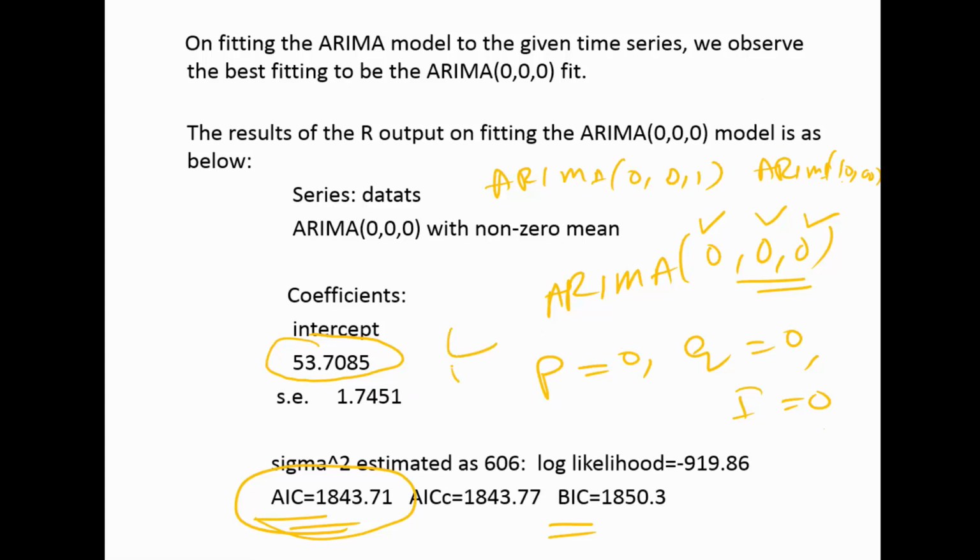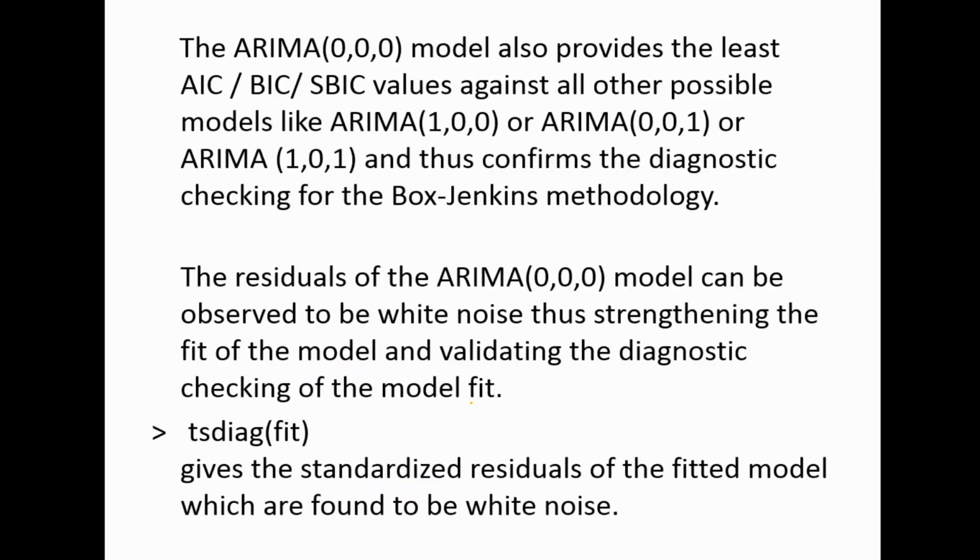So this is the best fit. It's automatically giving us this, and we can also try manually by looking at all these different forms. You can check all these models on your own using the same package, and you will see that ARIMA(0,0,0) is giving you the best result.